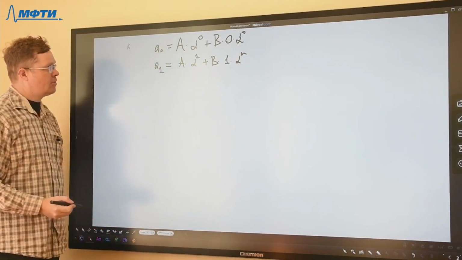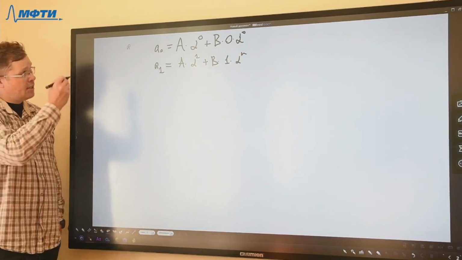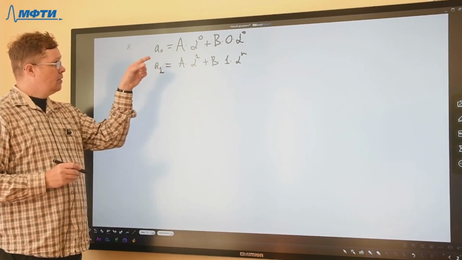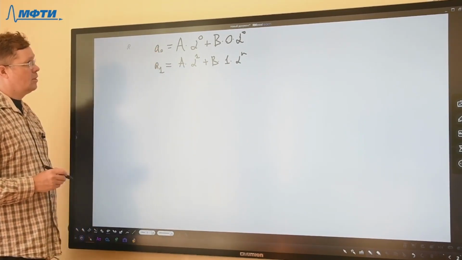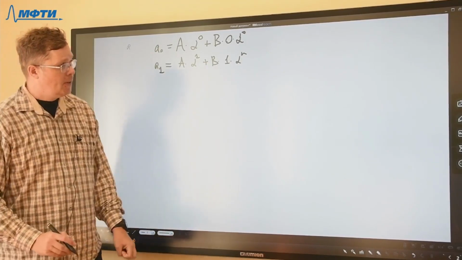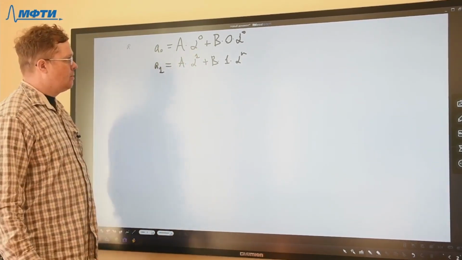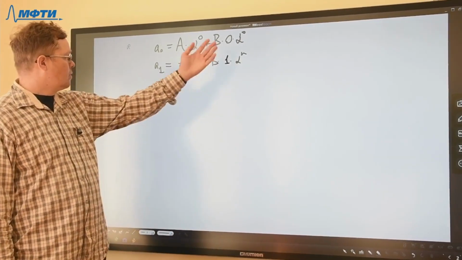I just want to check that I can find such a and b that a0 and a1 are satisfied by the linear combination a alpha to the n plus b times n times alpha to the n.